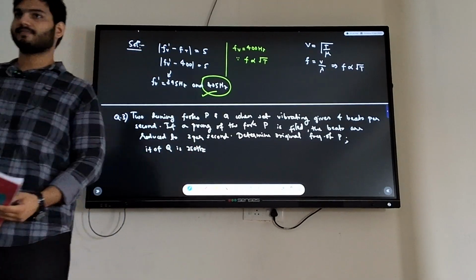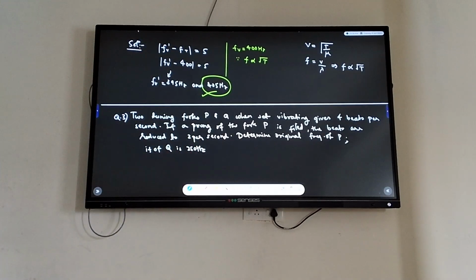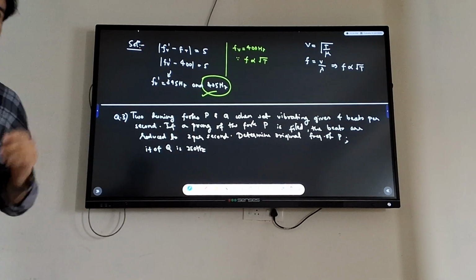Attempt. What do you mean by file? When you file a prong or a tuning fork, your frequency increases.